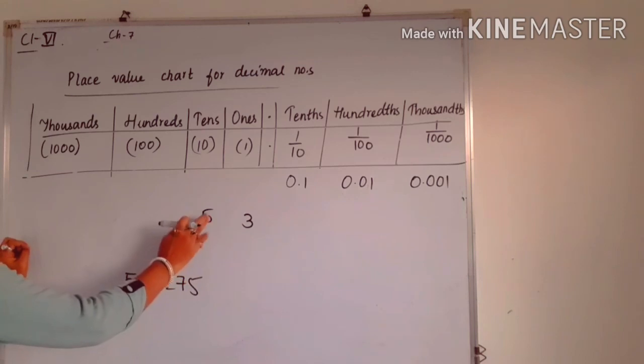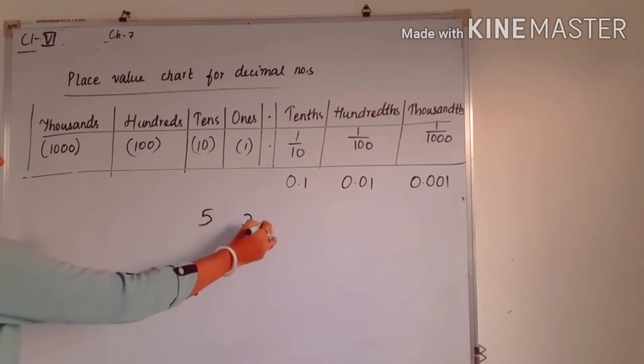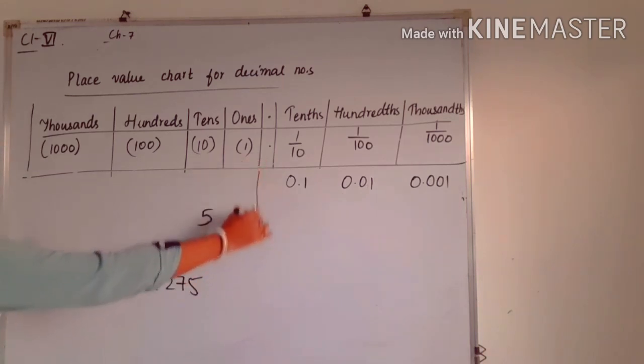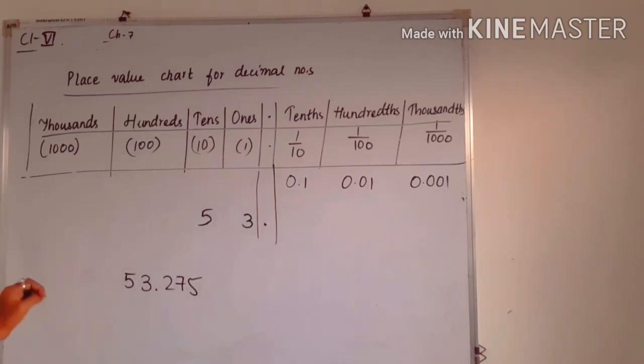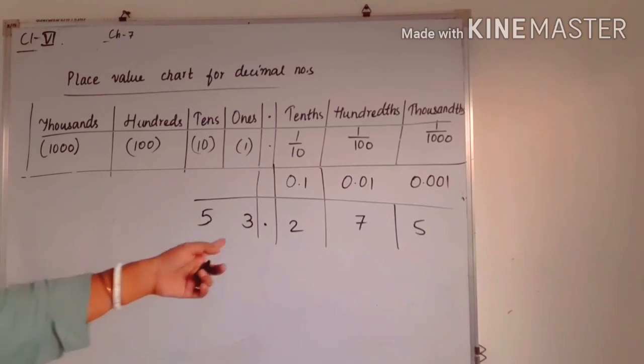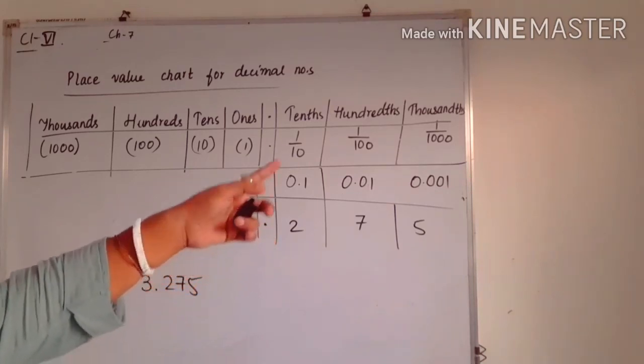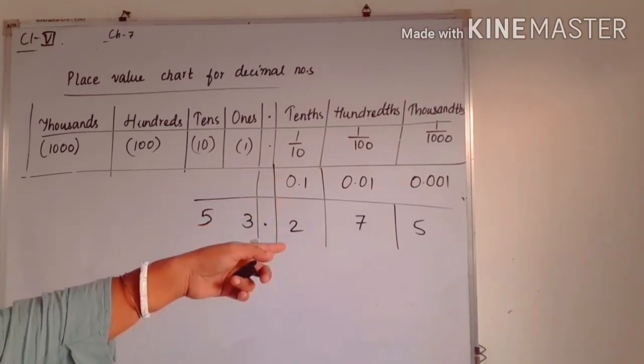Then after the decimal point, write 2 in the tenths place, 7 in the hundredths place, and in the thousandths place we have 5.